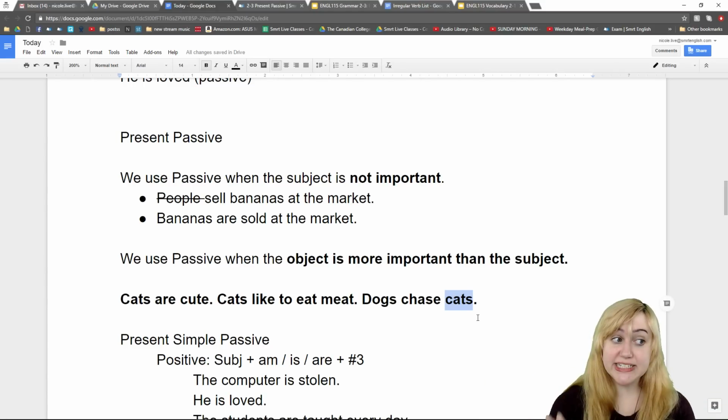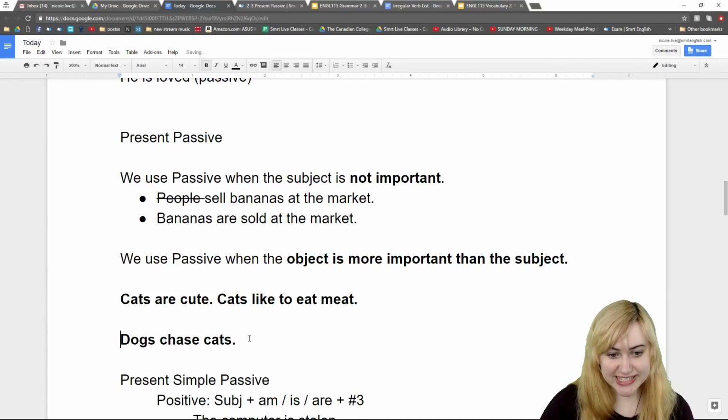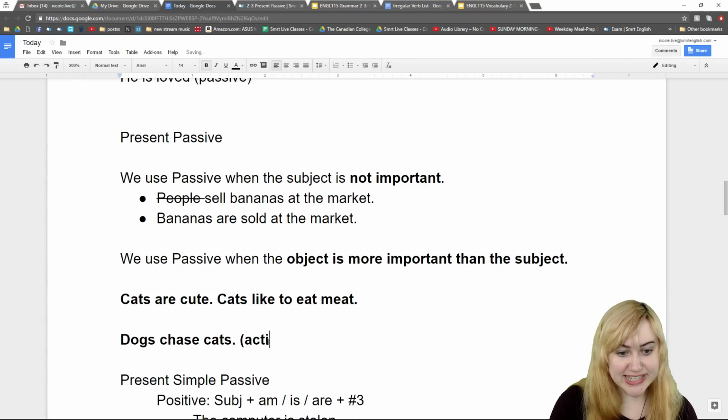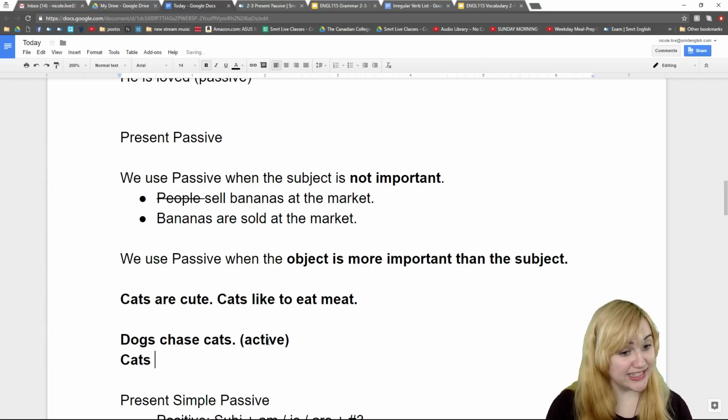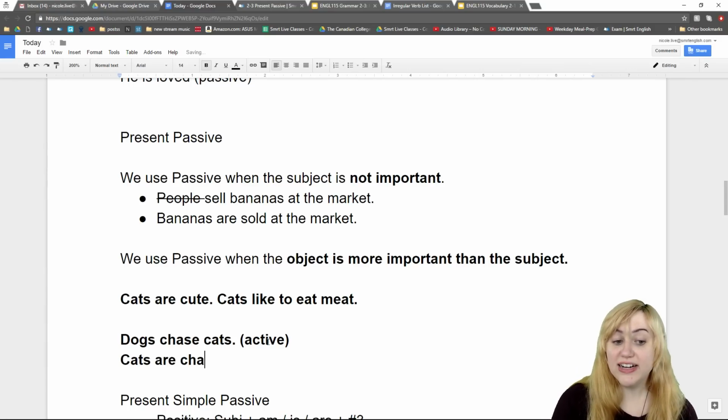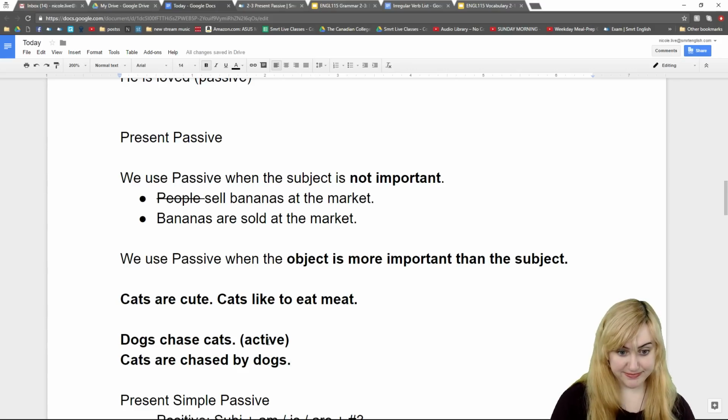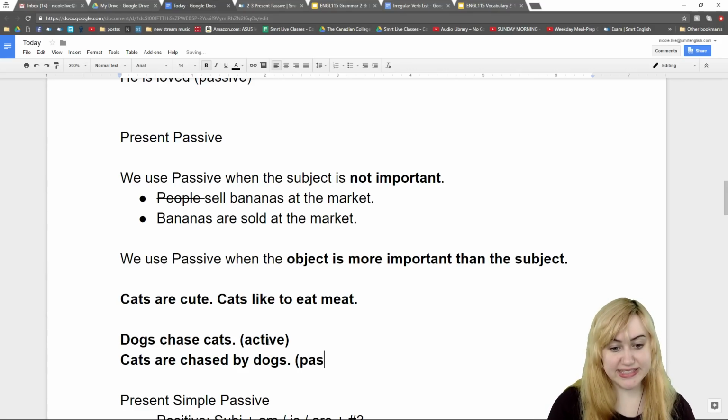So I can change the order of this sentence using passive voice. So instead of dogs chase cats, which is active, I can say cats are chased, and this is when I can say by. I can say by dogs, and this is passive.